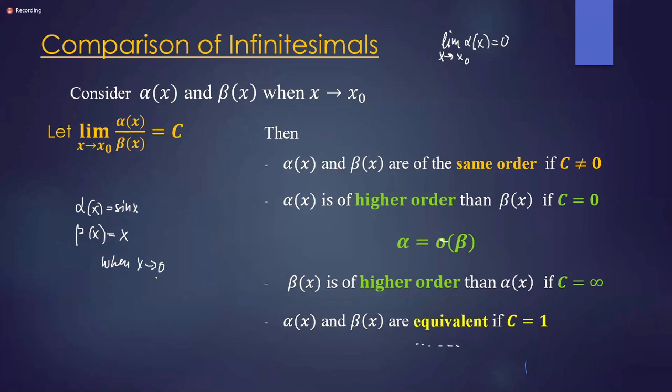We know equivalent functions are also tangent x, arctangent x, and the arcsine of x. So all these functions we consider in the trigonometric limit are equivalent, because when you find the ratio, this ratio tends to 1, basically.